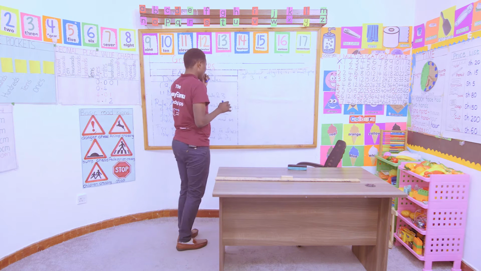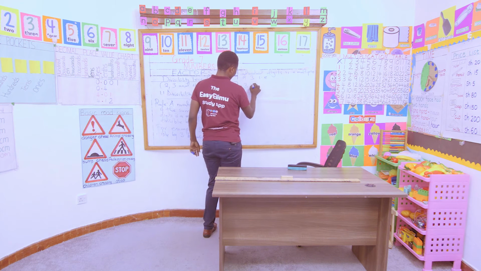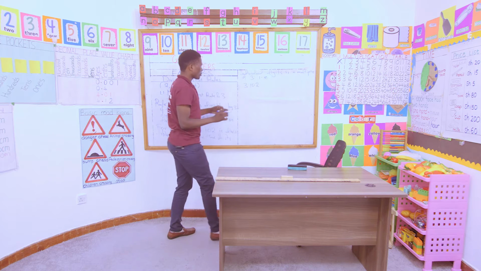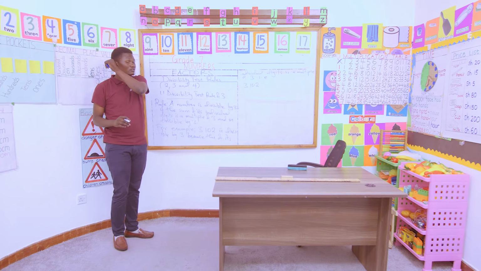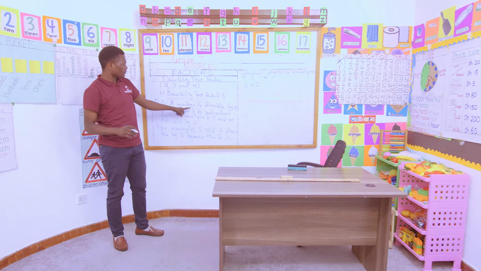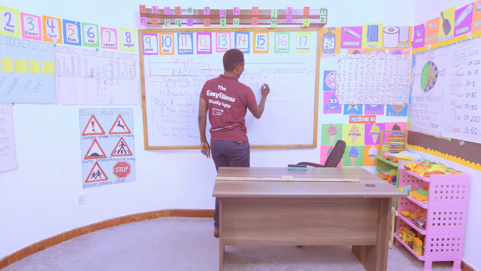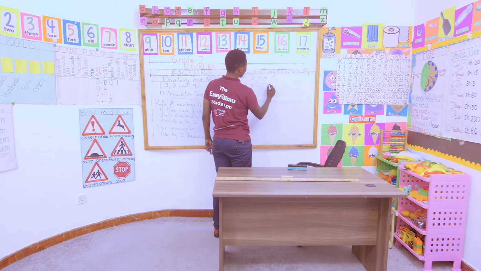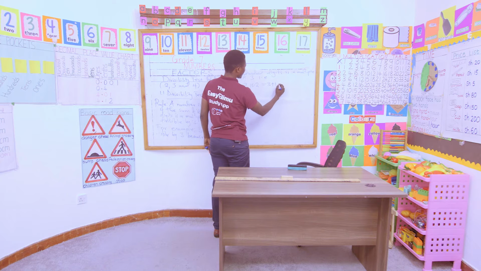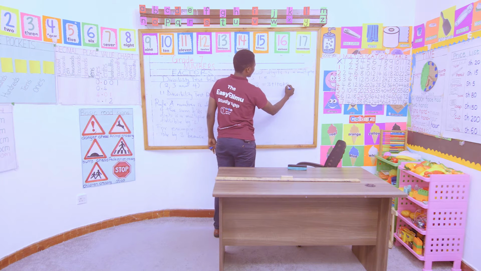That is, we have the number 3102. So we want to confirm whether this number is divisible by 3. And we have said that a number is divisible by 3 if the sum of its individual digits is a multiple of 3. So here we shall get the sum of the individual digits, which is 3 plus 1 plus 0 plus 2.